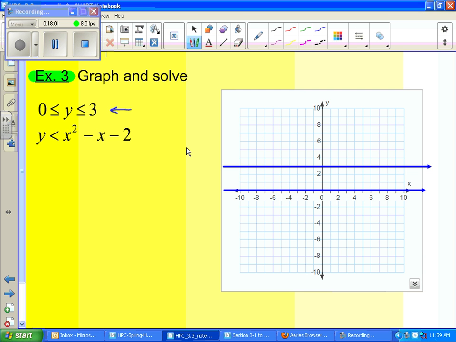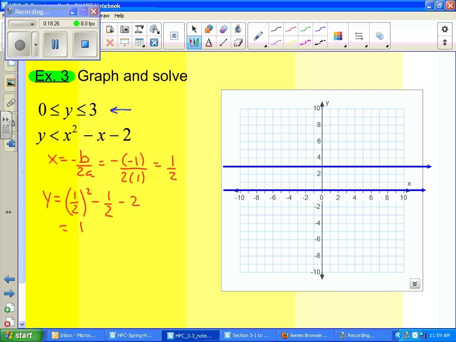If I want to graph the quadratic, I need to find my axis of symmetry. Negative b over 2a, I get 1/2. There's the axis of symmetry, a vertical line going through 1/2. I'm plugging that back in to find the y value of my vertex.